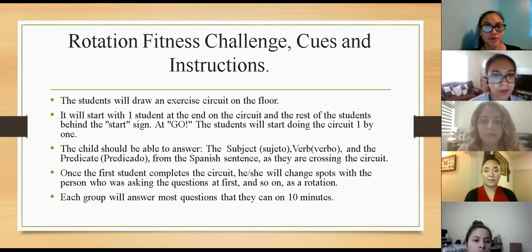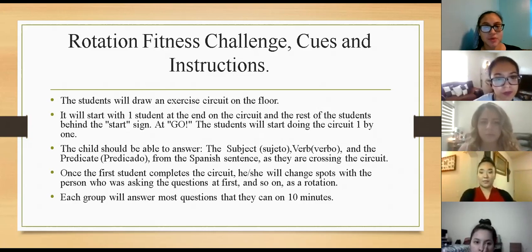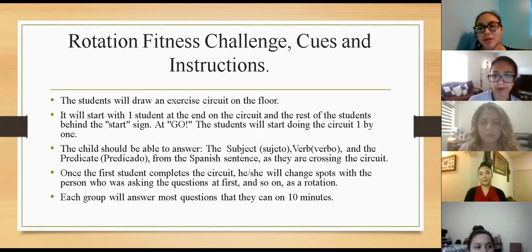The students will draw an exercise circuit on the floor. It will start with one student at the end of the circuit and the rest of the students behind the start sign. At go, the students will start doing the circuit one by one.